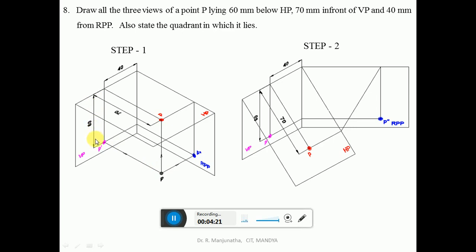Since we have the image by looking from the front view, it is P dash. When we look from the top view, the distance in front of VP is seen. When it is projected, it will be seen on the horizontal plane. So this distance, which is 70 mm in front of VP, is seen in the horizontal plane. Since the viewing direction is from the top view, the image we get on the horizontal plane will be small p.